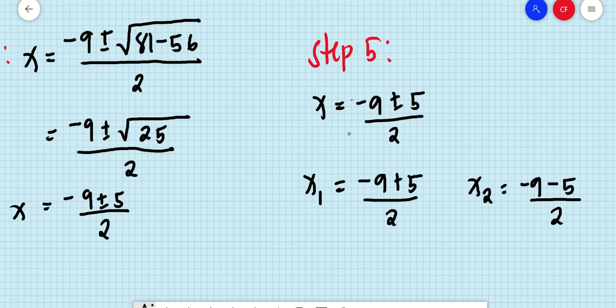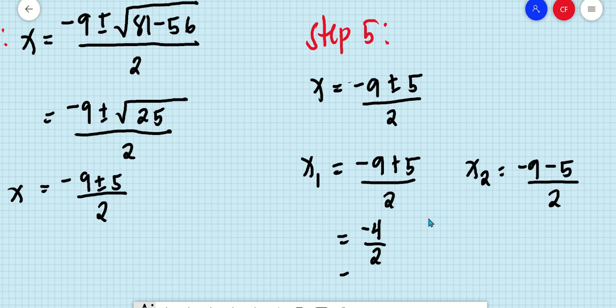Okay? Right. So, simplify po natin x sub 1. So, negative 9 plus 5, that is negative 4. Diba? So, sulat natin. Negative 4 over 2. And that is equivalent to negative 4 divided by positive 2. That is negative 2. Okay? So, x sub 1 equals negative 2.